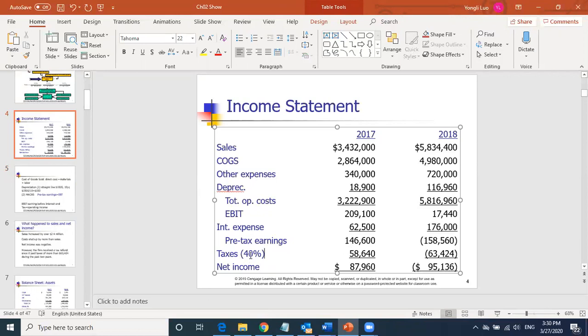If the tax rate is 40%, that's your tax. So how do you get this tax? Use 40%. Take the pre-tax earnings and multiply 0.40 times $146,600. Yes, that's equal to exactly this number.